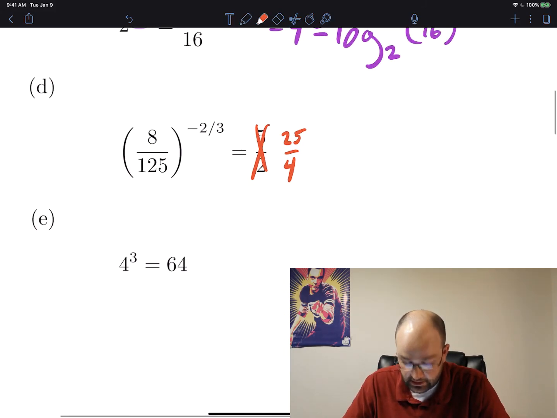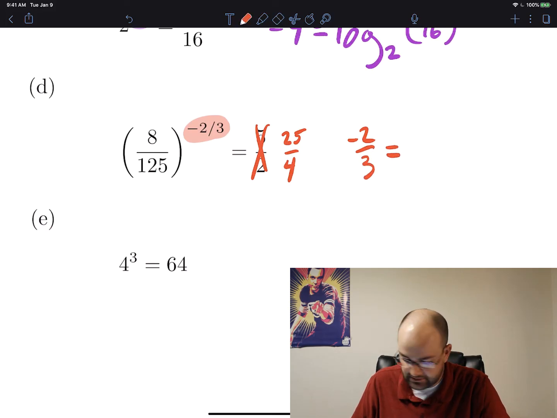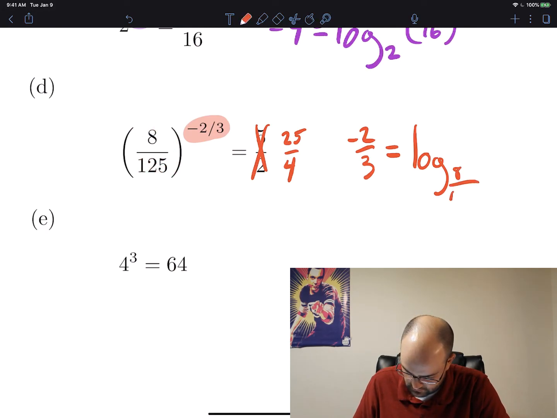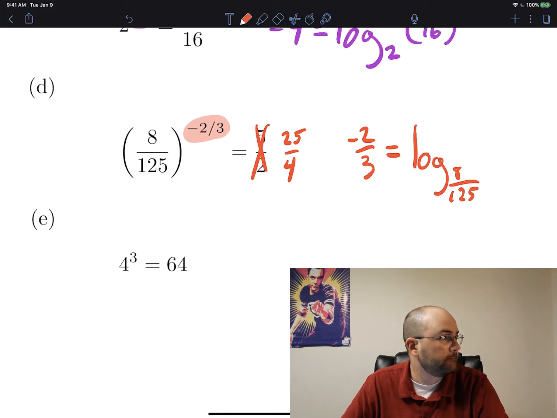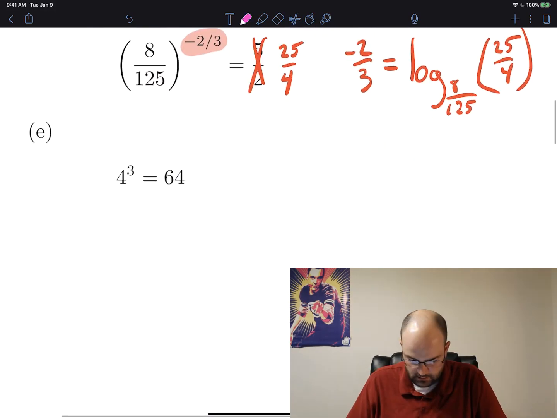Anyway, now that that's right, the exponent here is negative 2/3. So we have negative 2/3 is equal to a logarithm, and the base of the logarithm is from the exponent, so we get 8 over 125. Then the argument will be what's left over.